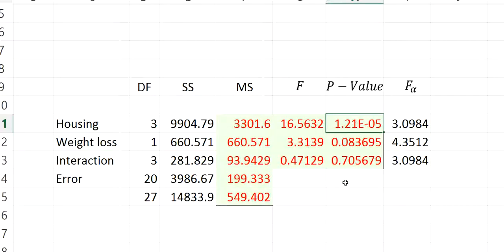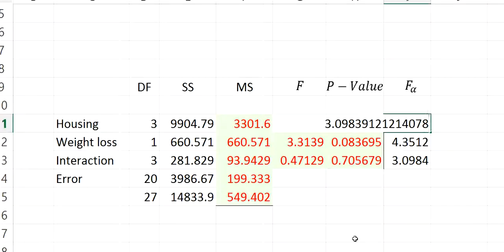And then you get the p-values. P-values are critical probabilities corresponding to the observed value. So I used the F.DIST formula and corresponding degrees of freedom for the numerator and the denominator. Denominator is the error, so that's what it is. So now you have all the p-values, and these are the critical values.